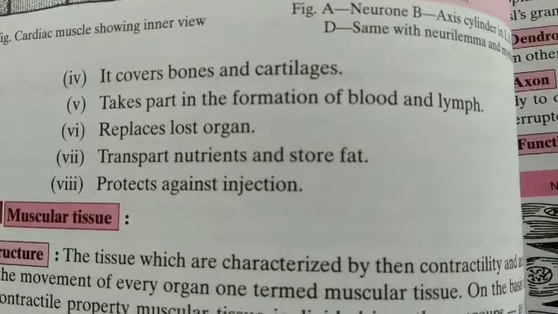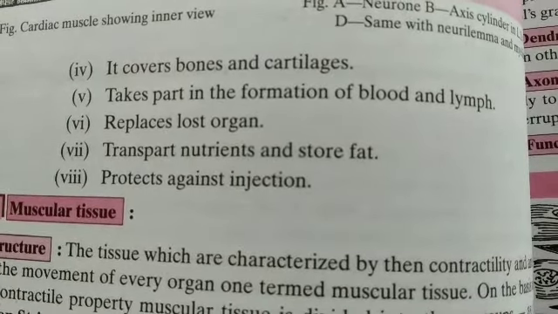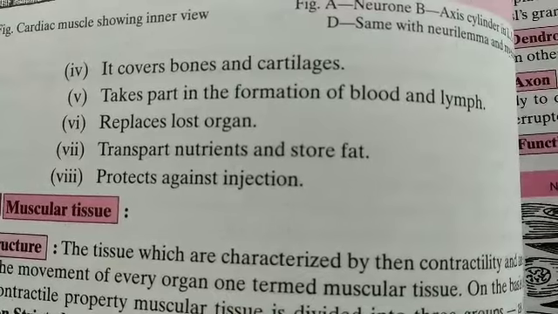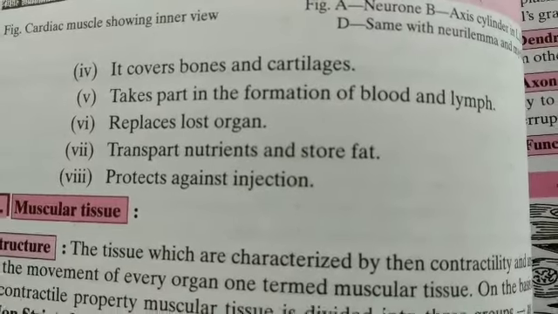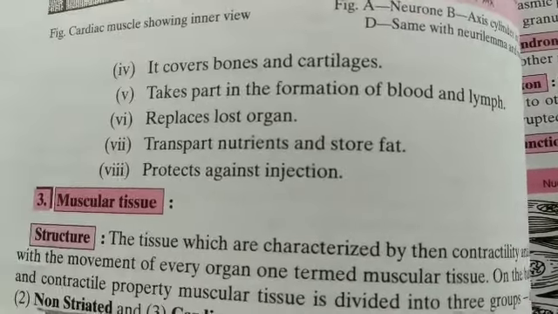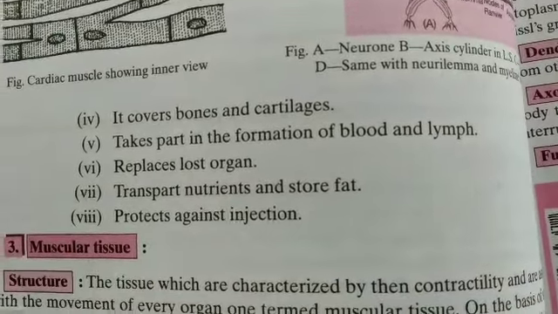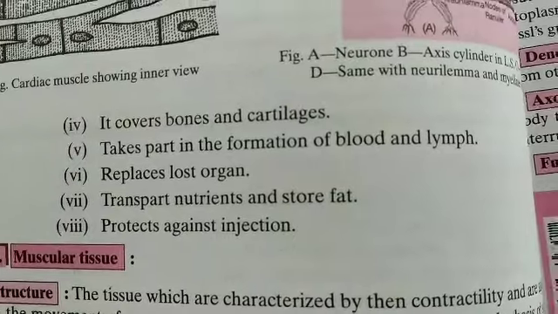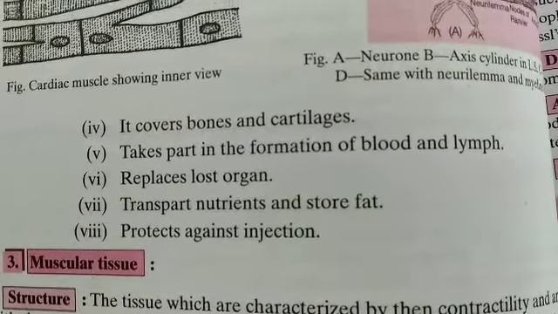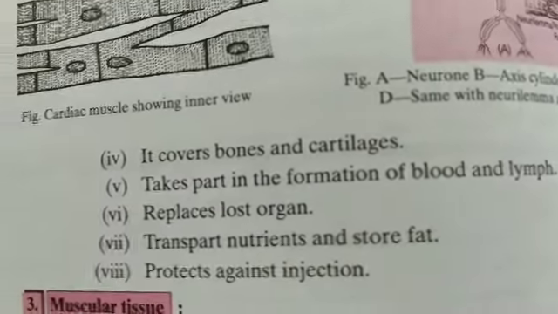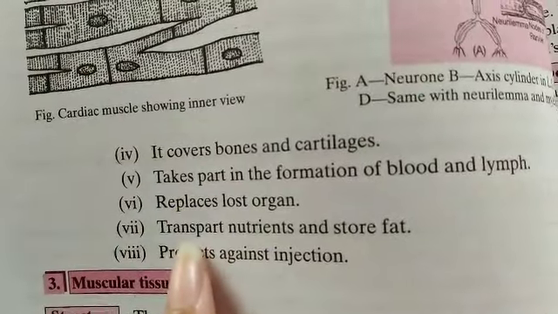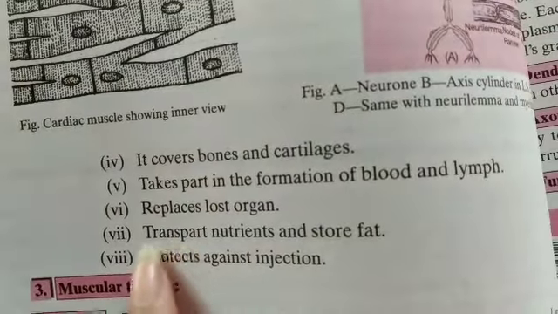It covers bones and cartilages, takes part in the formation of blood and lymph, replaces lost organ, transports nutrients and stores fat, protects against infection. So these all are the functions of connective tissue. There is a mistake: this will be transport, not transport.